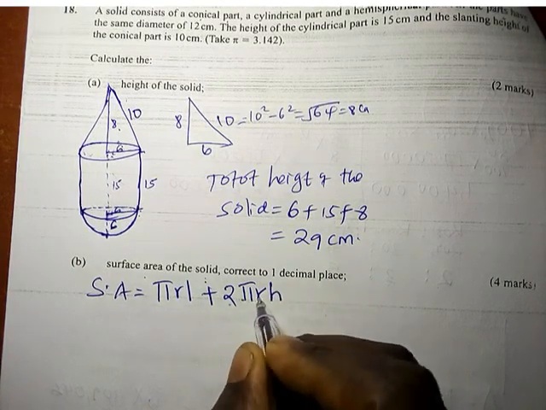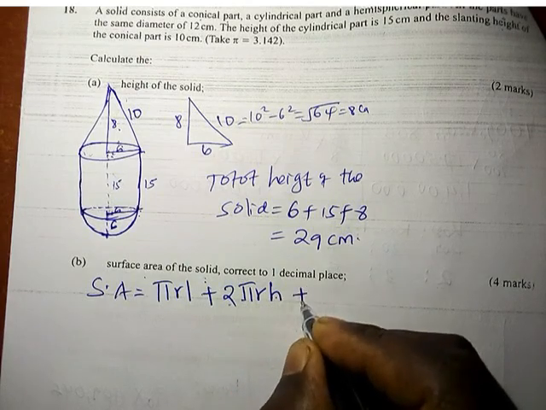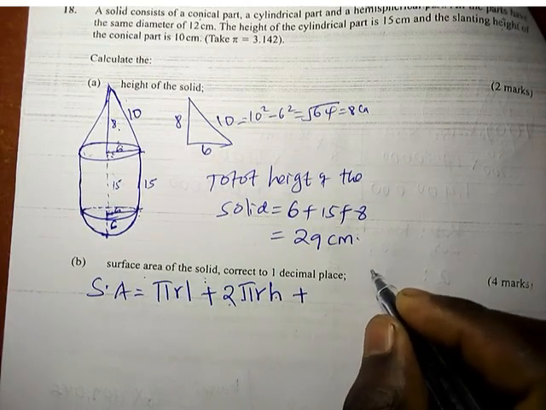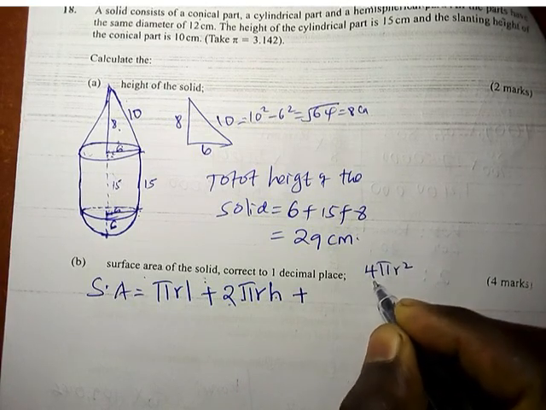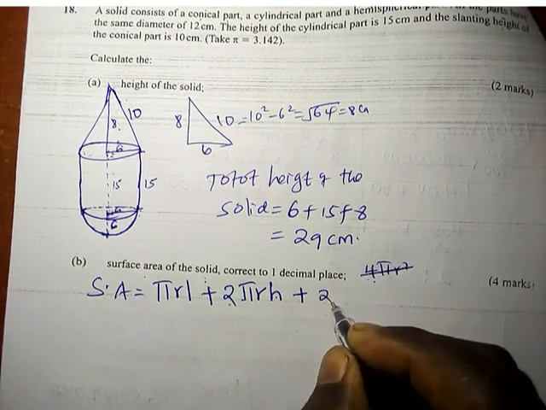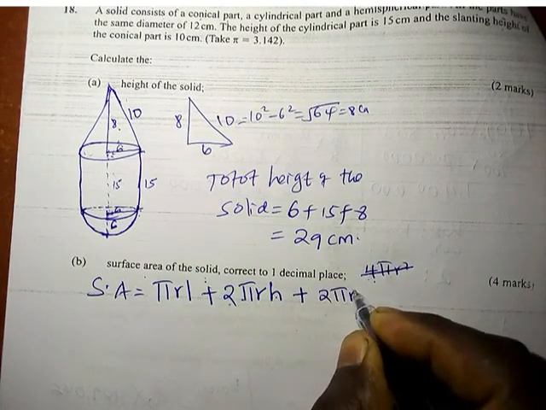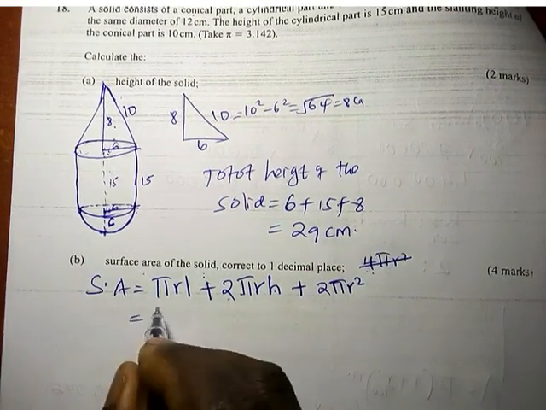And then finally the surface area of the hemisphere. Sphere yenyewe inakuanga 4 pi r square. Hiyo ni sphere. So hemisphere ni a half, so itakuwa 2 pi r square. Hiyo ni hemisphere.